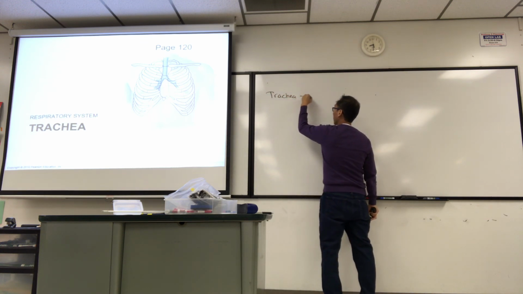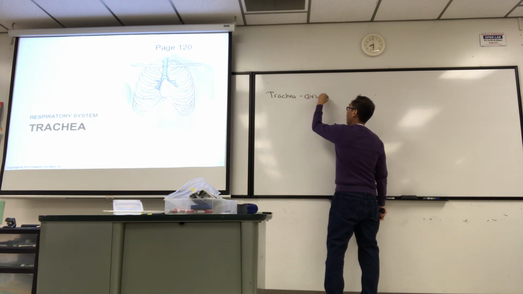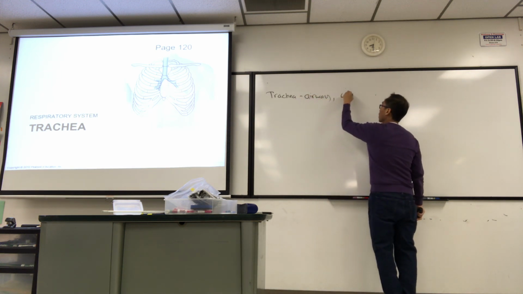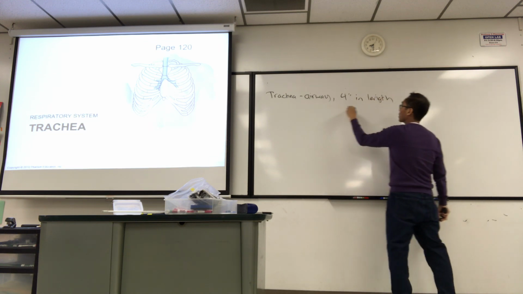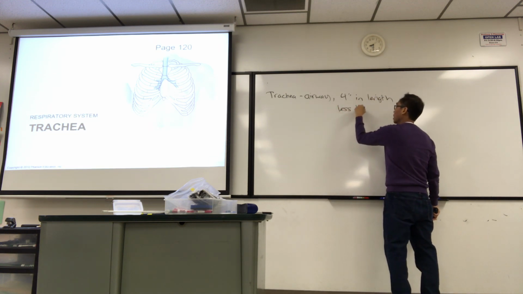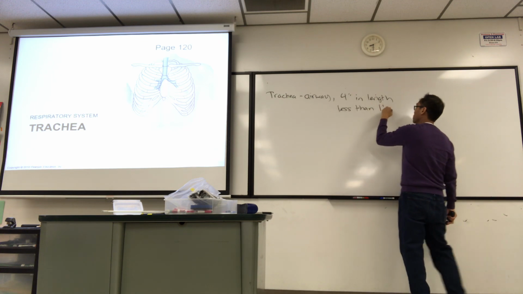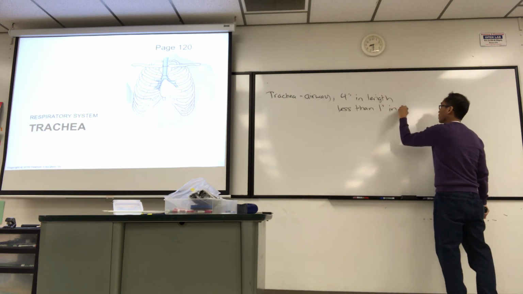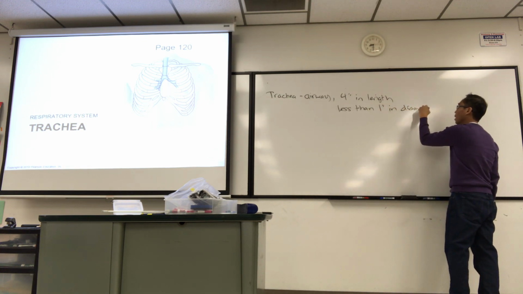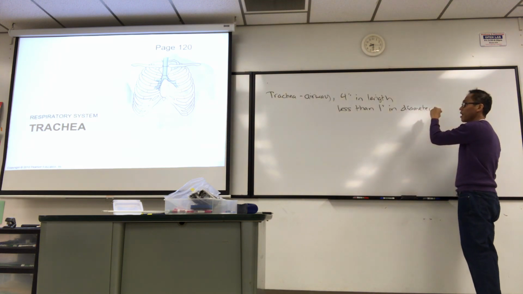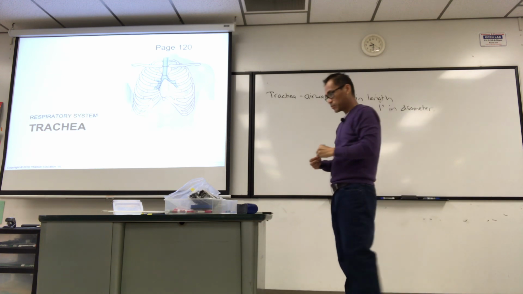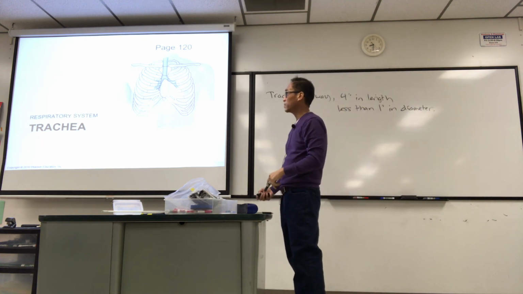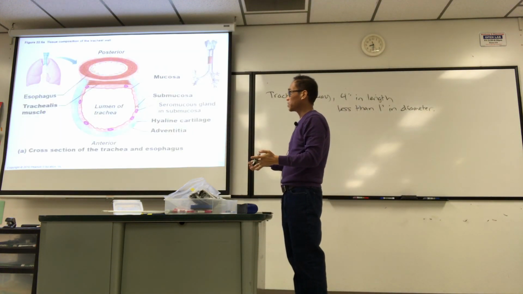Your main airway: 4 inches in length, less than 1 inch in diameter. How many do you have? 1. You have 1 airway. It goes straight to your lungs. It divides many times. Well, anyways, before it divides, it's just the trachea.